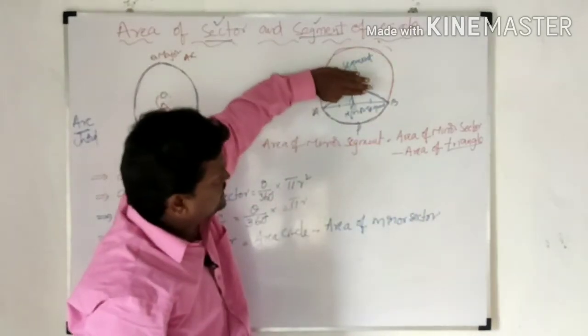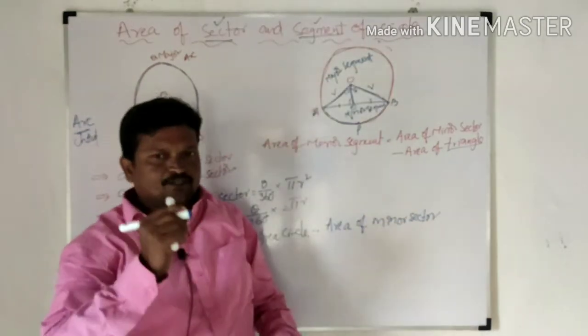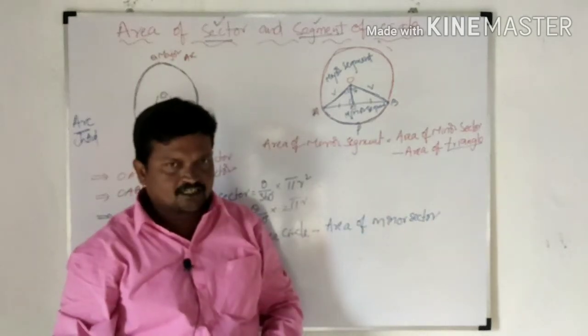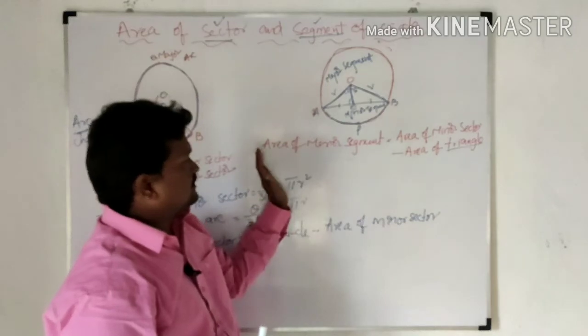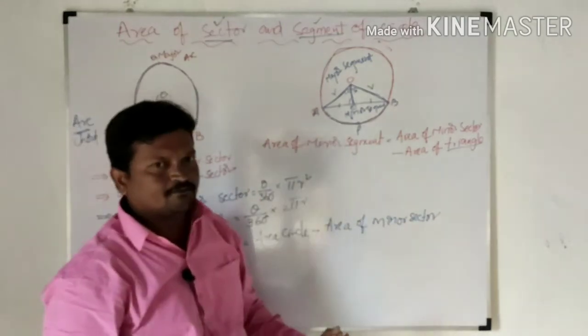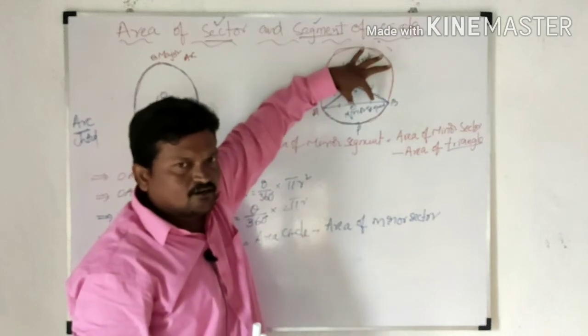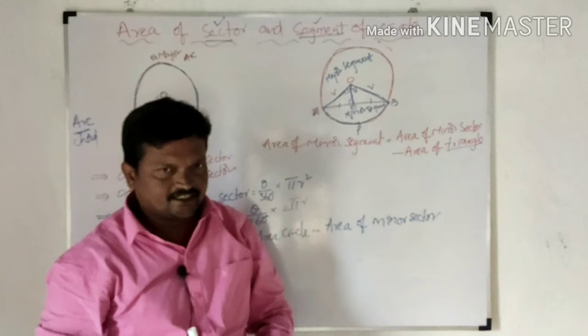If you remove the area of the triangle from the area of the sector, simply you can get the area of this minor segment. So remember: area of sector minus area of triangle will be the area of the minor segment.